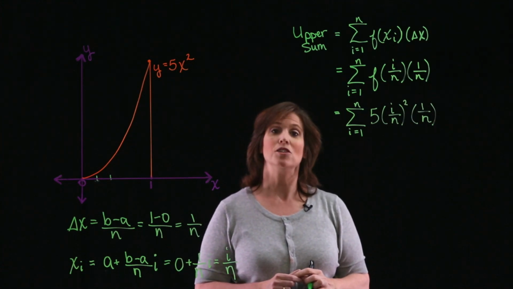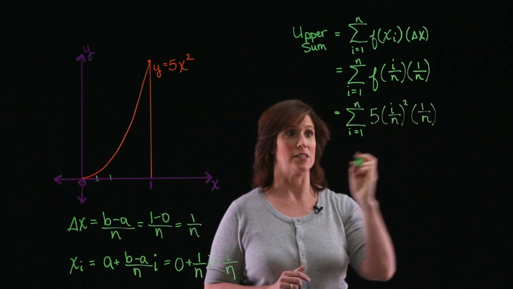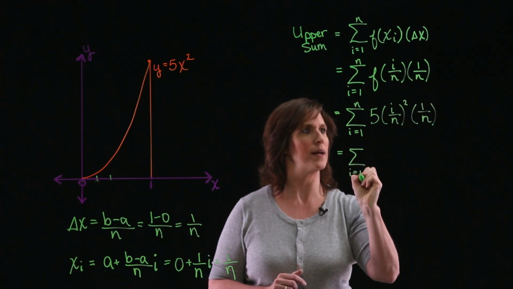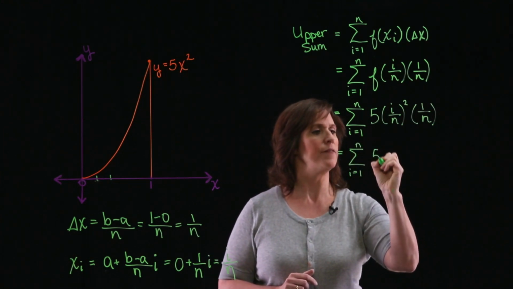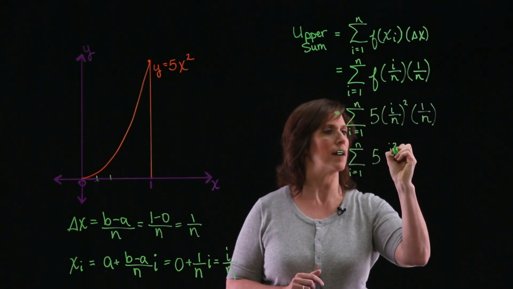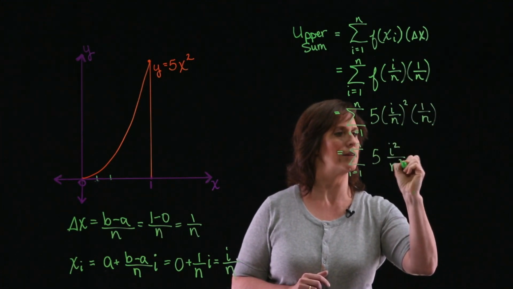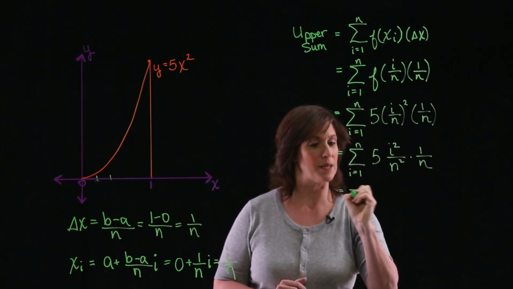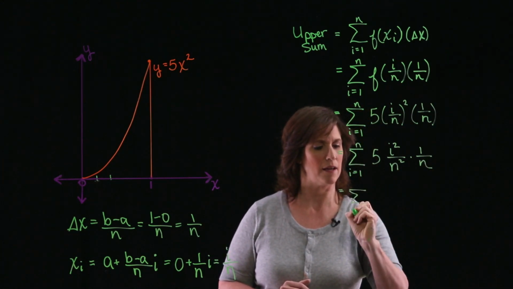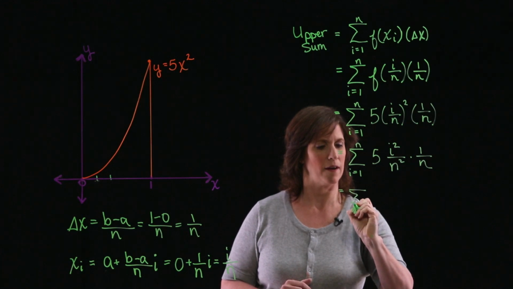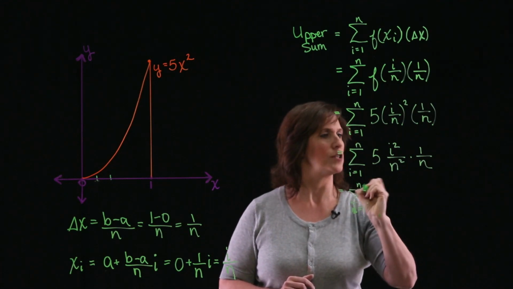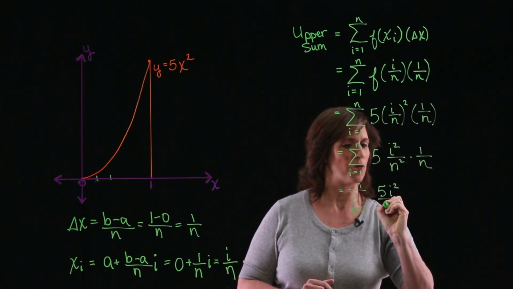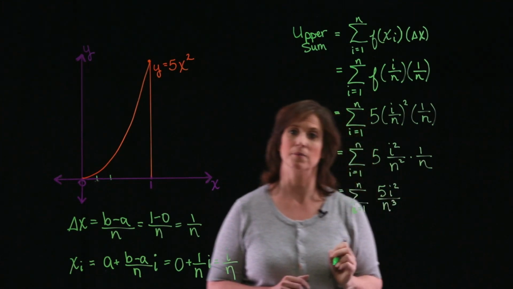Okay, the next step is to do some algebra to simplify this expression. So I have the sum from i equals 1 to n of 5 times i squared divided by n squared times 1 over n, which further simplifies to 5i squared all over n cubed.